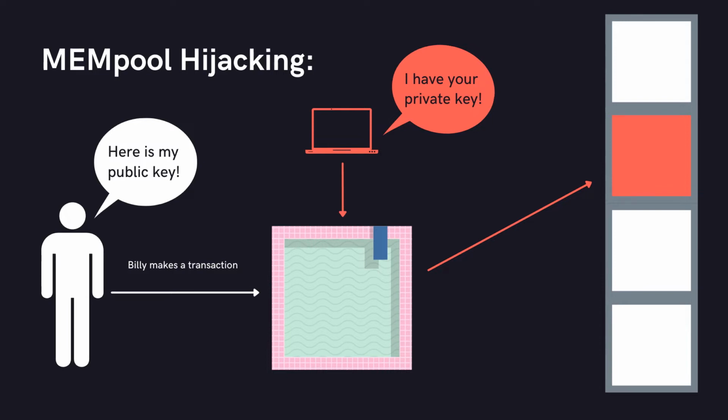This would allow the attacker to create a duplicate transaction directing the cryptocurrency to whichever account they want to send it to, essentially hijacking transactions while they are in the transaction pool. This attack is applicable to all major blockchain cryptocurrencies with some minor changes depending on how they implemented some things.